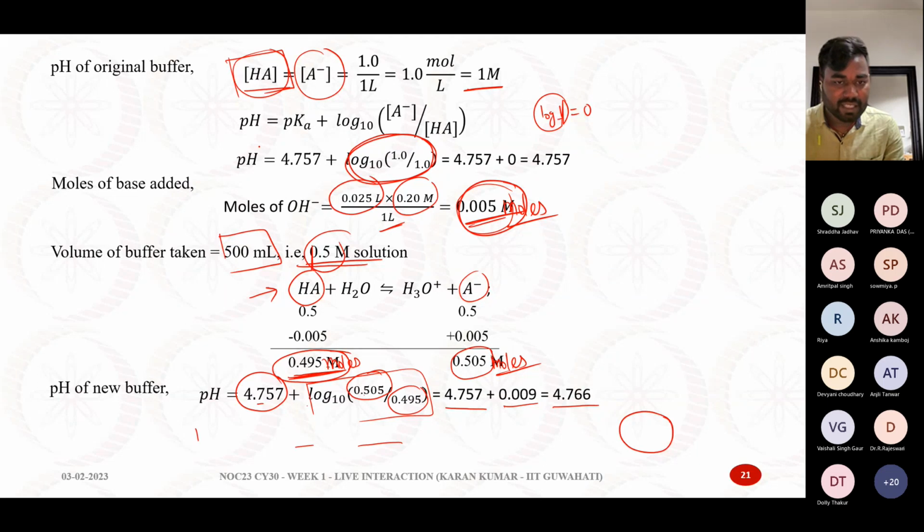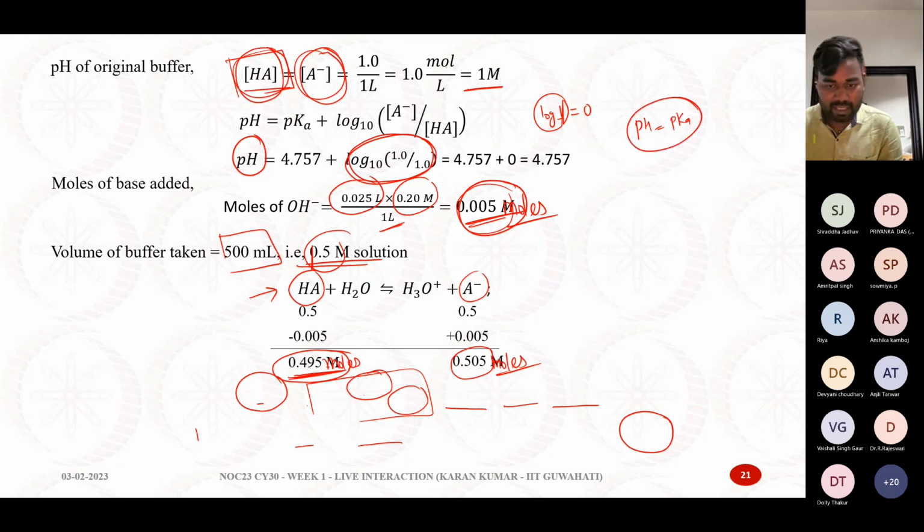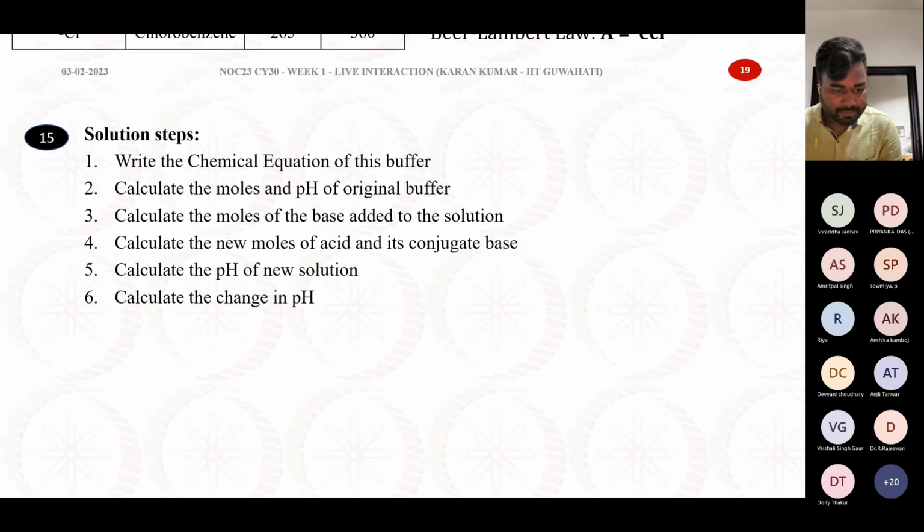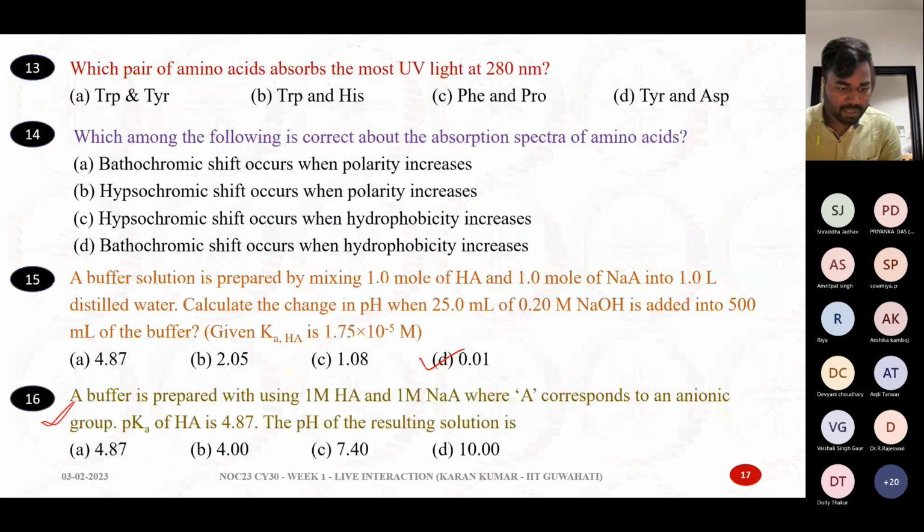In that case, pH will be equal to the pKa. So the answer is option A. Right.